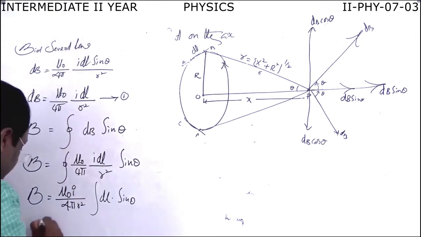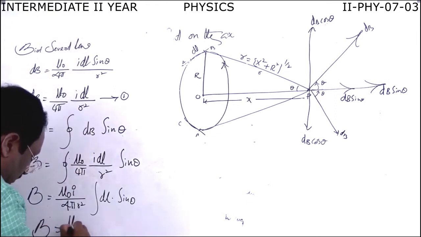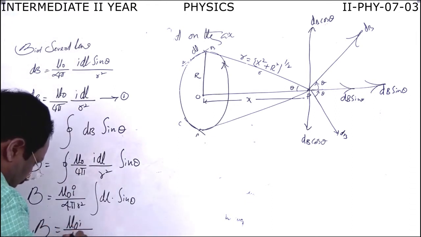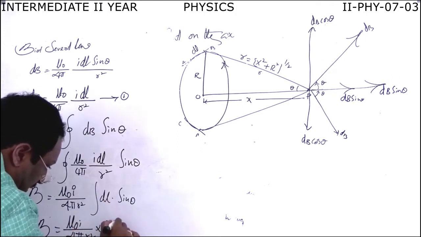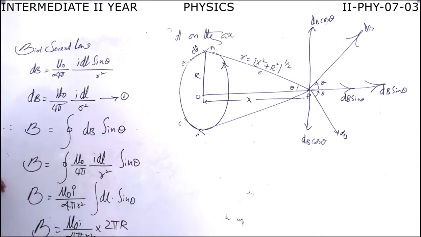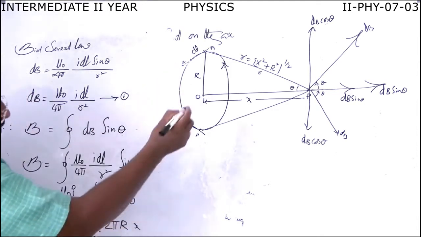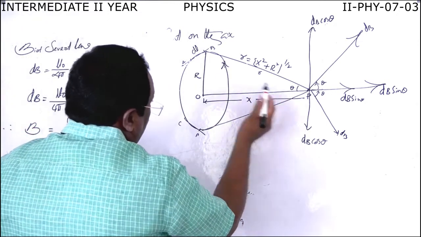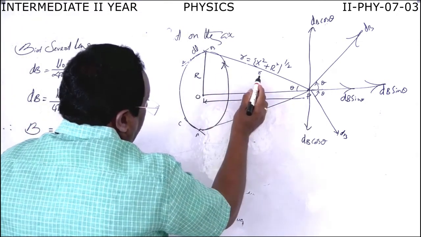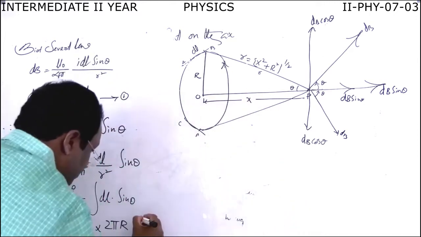Now B is equal to mu naught I by 4 pi r square, and dl becomes 2 pi r, the perimeter of the coil. R is the radius of the coil. Sin theta, from this figure, is opposite side by hypotenuse, capital R by small r.